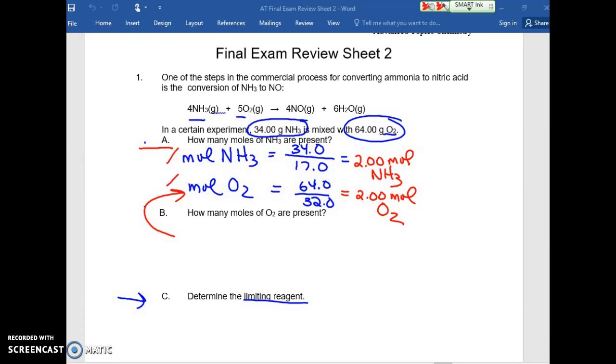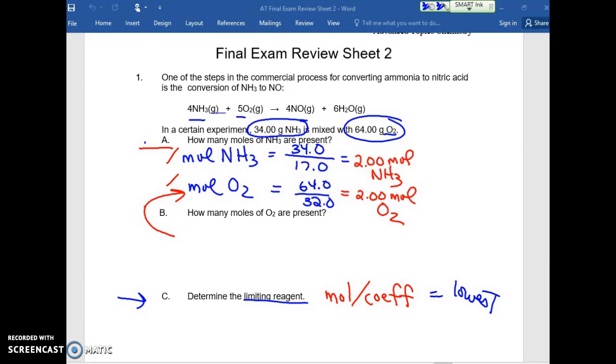Part C, this is how we determine limiting reagent. Well, guys, remember, you take the moles of the reagent and you divide by the coefficient. So then we compare, and then we're going to choose, obviously, we want the lowest quotient.